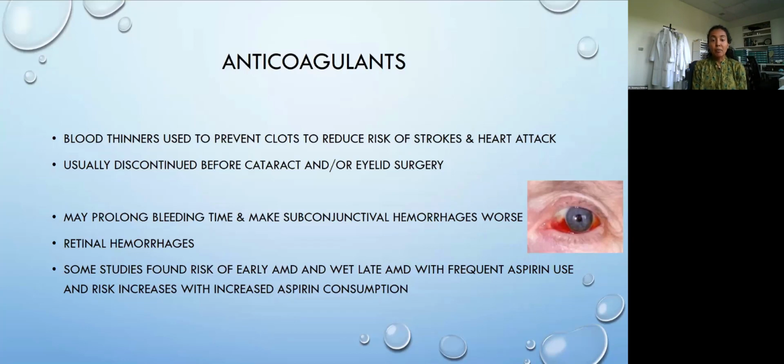And it may prolong bleeding time. So again, it may cause or even make subconjunctival hemorrhages worse. Anticoagulants can also cause retinal hemorrhages. And some studies have even found early AMD and wet AMD with frequent aspirin use, and it also increases the risk with increased aspirin consumption.